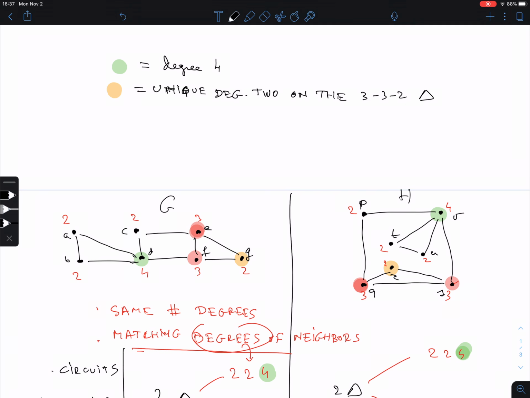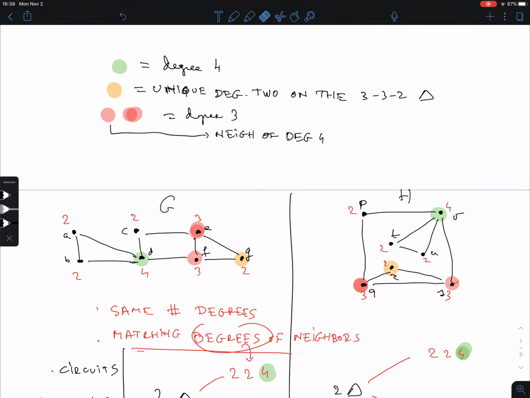So what is the distinction between these 3? These are degree 3, but the distinction is that this one is the neighbor of degree 4, and the other one is not. So that's how I distinguish them.